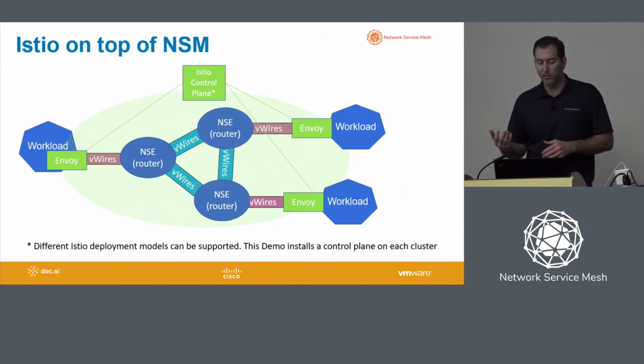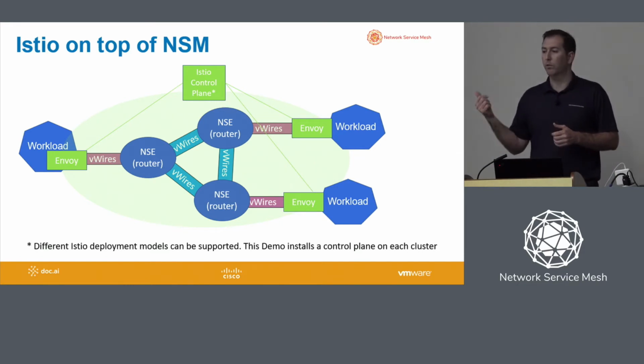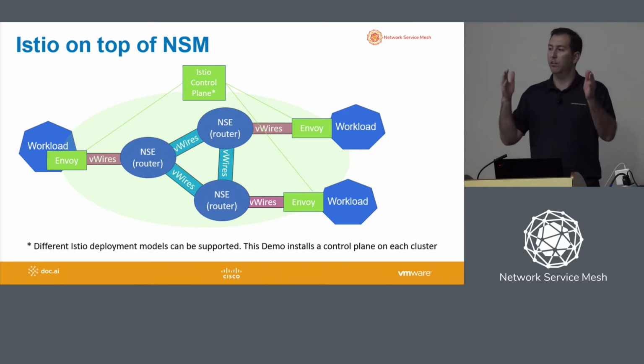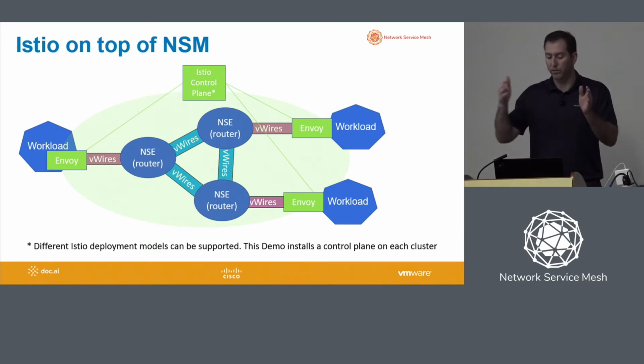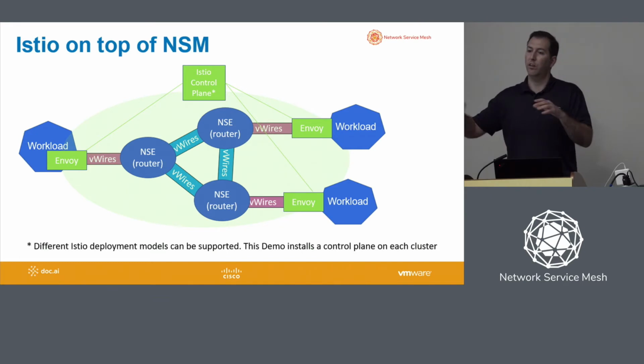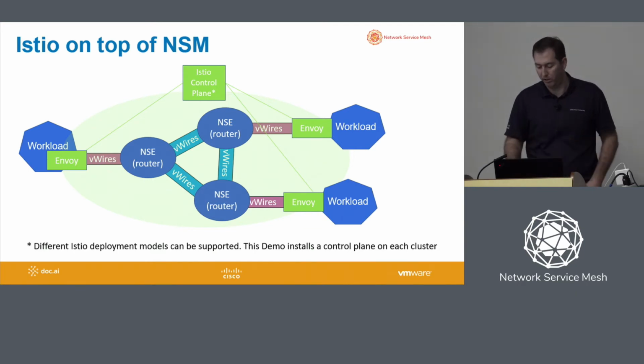So this model is what works out of the box, and that's your typical workload Envoy sidecar of your workload pod model. And so the V-wires that are connecting the client workloads to the NSEs are connecting that whole pod which has Envoy already included in it.